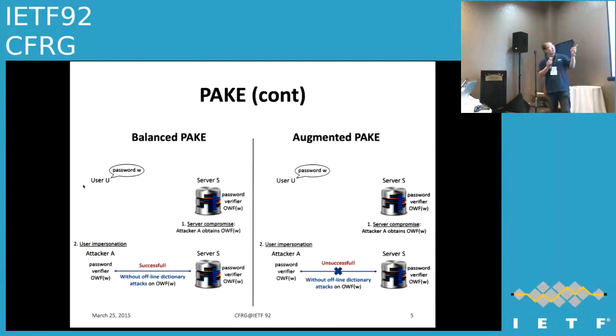However, in augmented PAKE, the attacker cannot impersonate the user with the password verifier. The only way for the attacker to impersonate the user is to perform offline dictionary attacks on the password verifier.